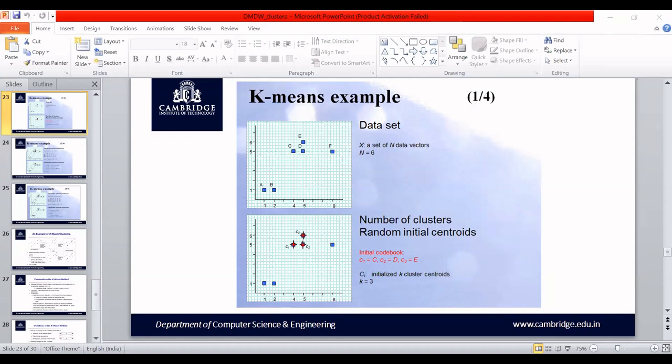Once it is added to cluster 2, I will recompute its centroid value. I'll take 5.0 plus 3.5, that is 8.5 by 2, and 12 by 2. So the new centroid value will be 4.2 and 6.0. Now taking this as the centroid, I will try to classify the next data point.